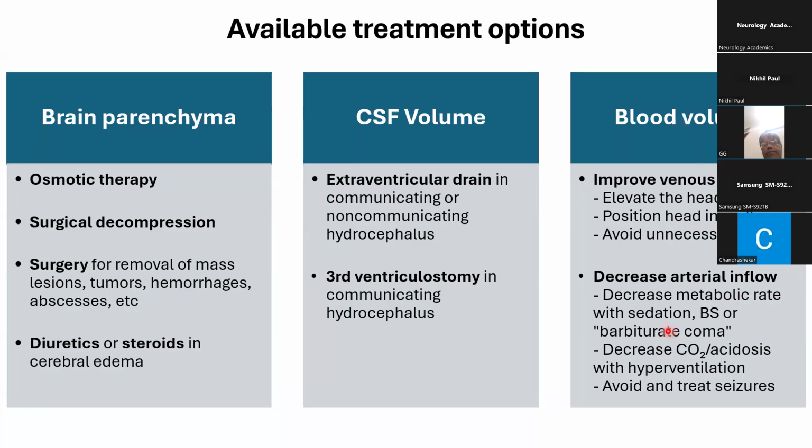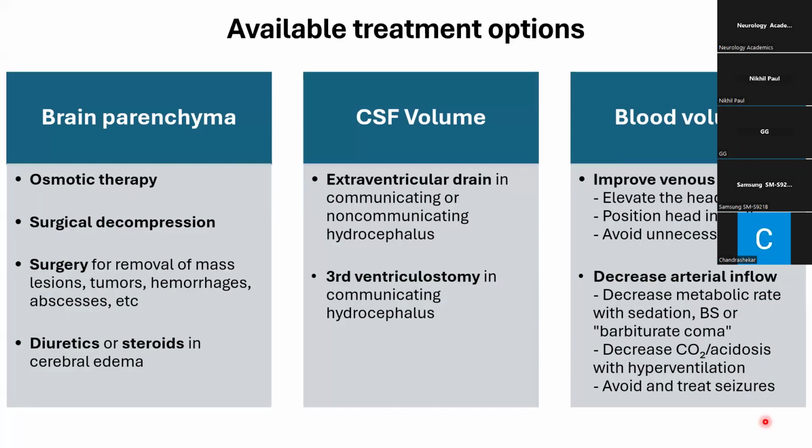That is what is tried with sedation, burst suppression, and barbiturate coma. What we try to do is decrease the cerebral oxygen demand, thereby reducing the cerebral blood flow. Also, seizures can increase the cerebral oxygen demand. Hence, it is always important to treat any seizures if there are any.